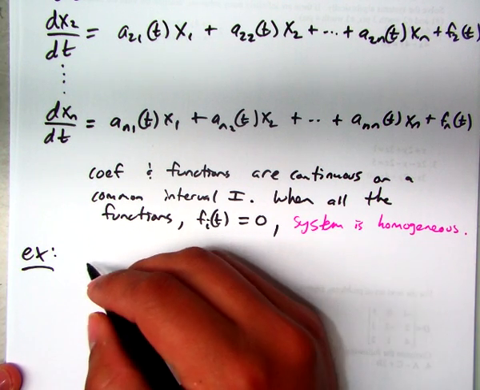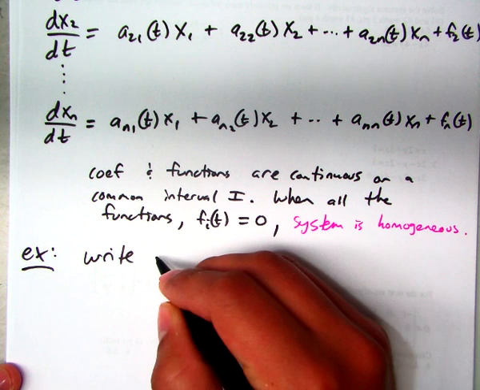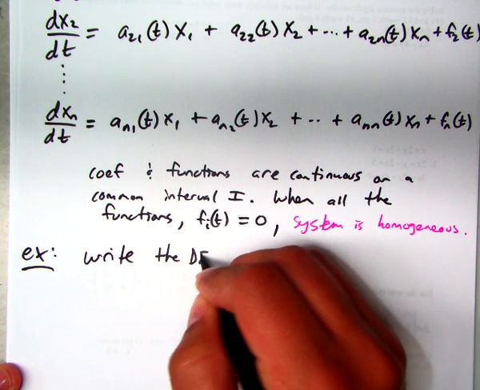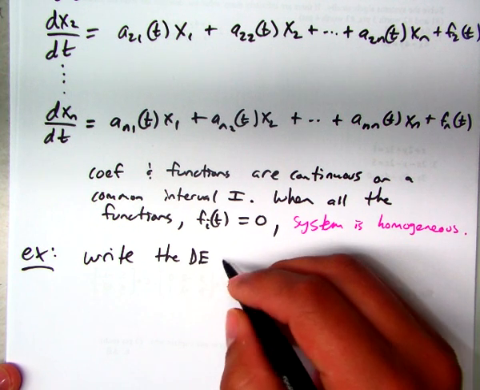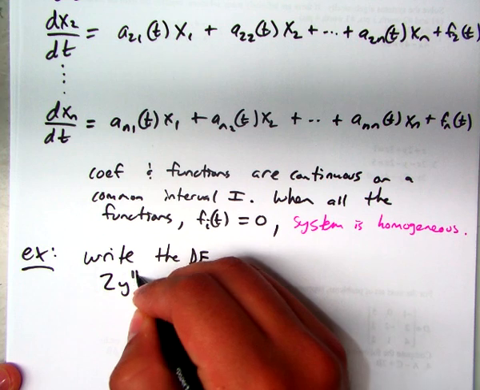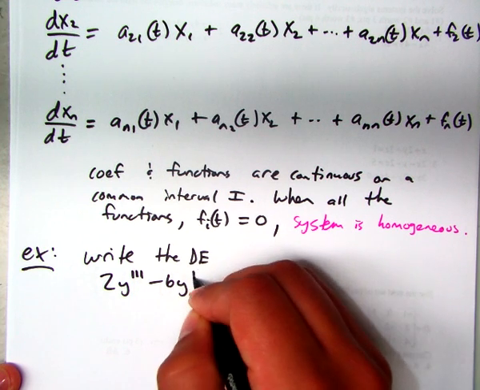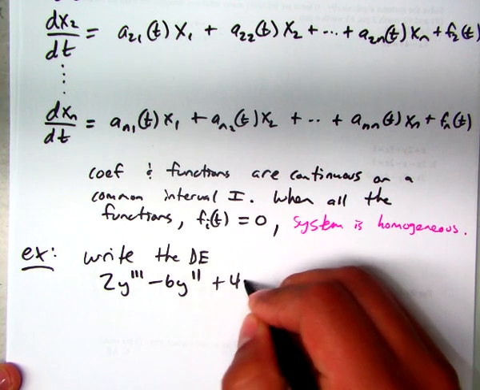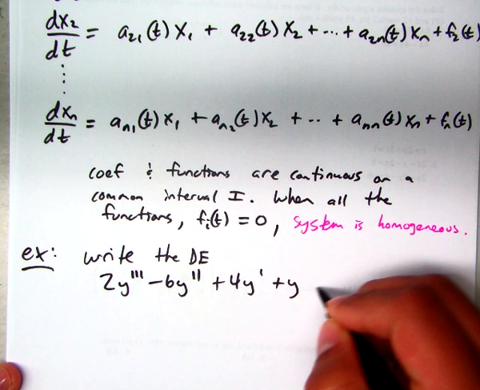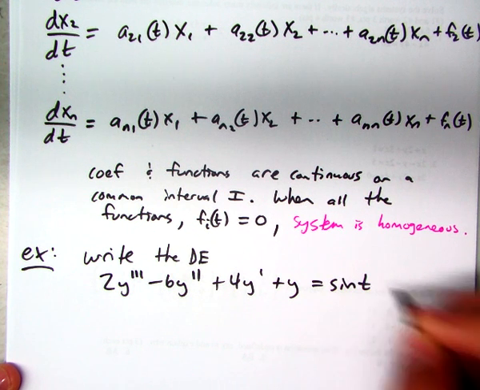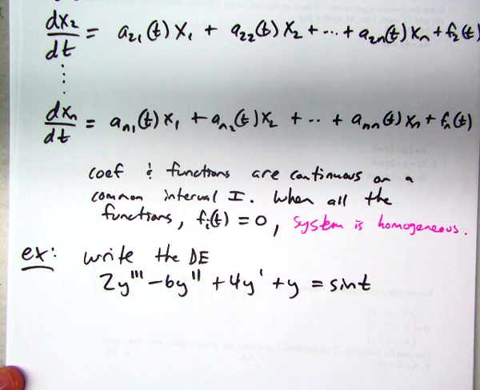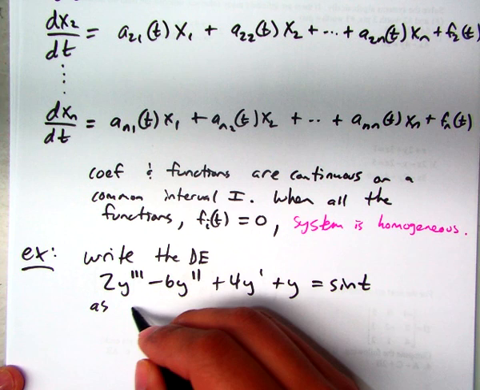So let's write the differential equation 2y triple prime minus 6y double prime plus 4y prime plus y equals sine t as a system in normal form.